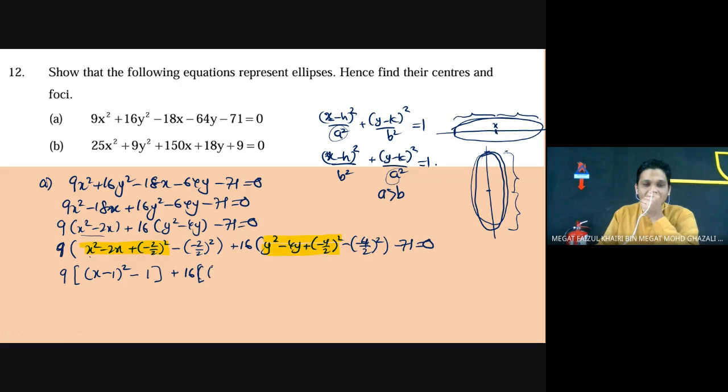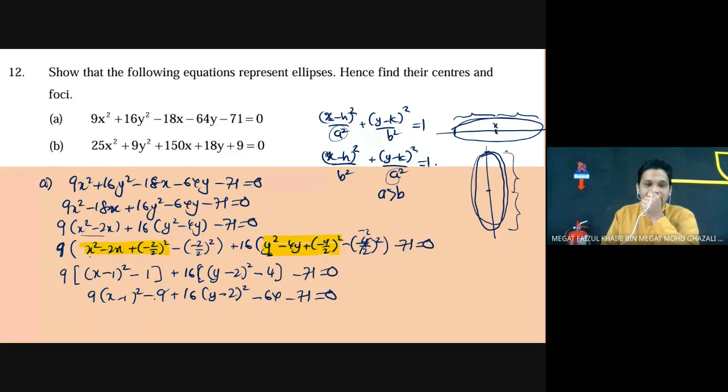For this we got (y plus negative 4 divided by 2, which is y minus 2) squared minus (negative 2) squared, which is 4, minus 71 equal to 0. So 9(x minus 1) squared minus 9 plus 16(y minus 2) squared minus 64 minus 71 equal to 0.